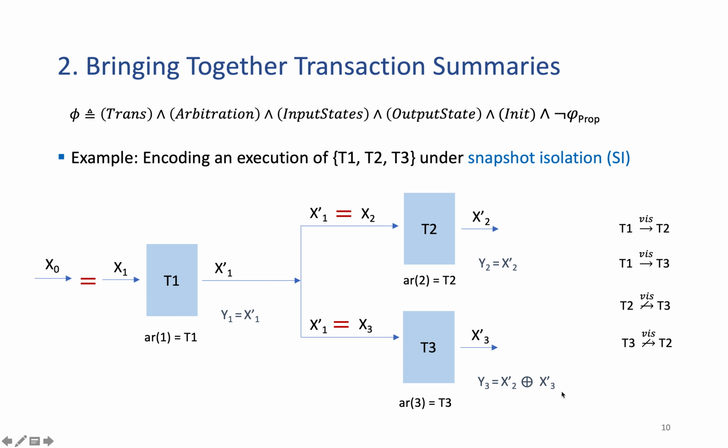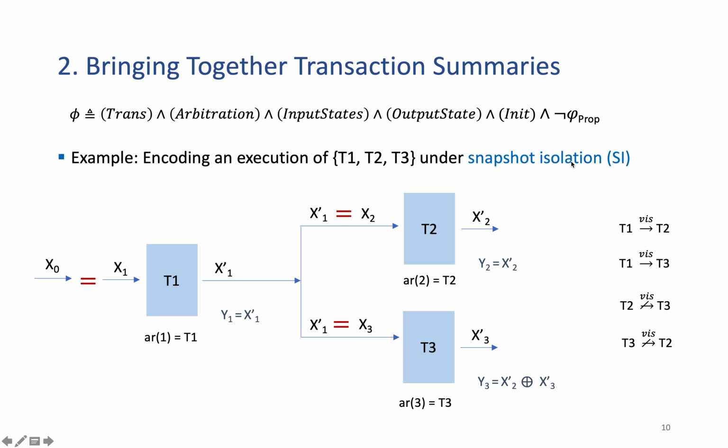If we're considering last writer wins policy for conflict resolution, then the conflicting updates by T2 and T3 will be resolved by overwriting whatever was written by T2 with whatever is written by T3. So by bringing together these symbolic valuations in different ways, we can simulate different possible executions of the transactions.